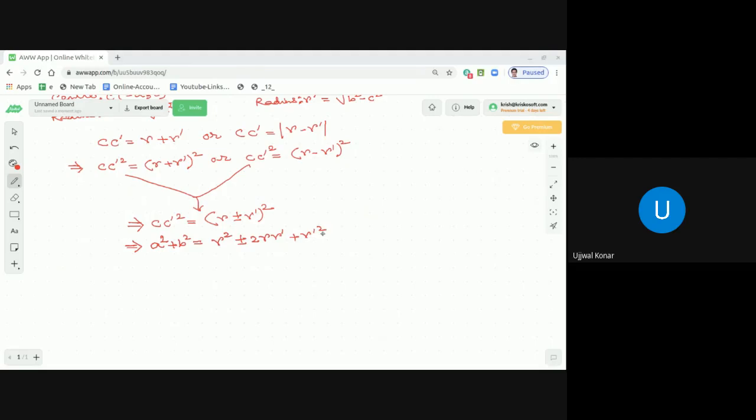Now let's find what is r dash square. We know that r square is a square minus c square.